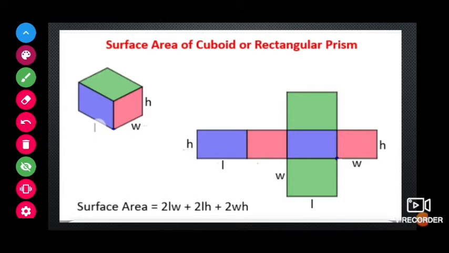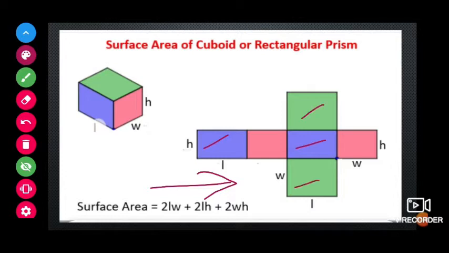How can we find the surface area of that cuboid? If we open that cuboid, there also we can see 6 faces. These 6 faces are covered with length and height, or length and width, and two faces will be the same.